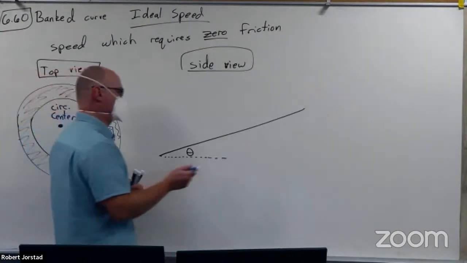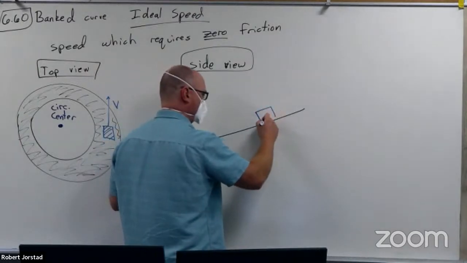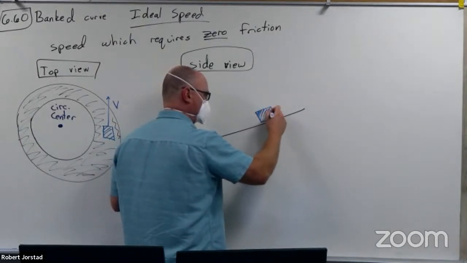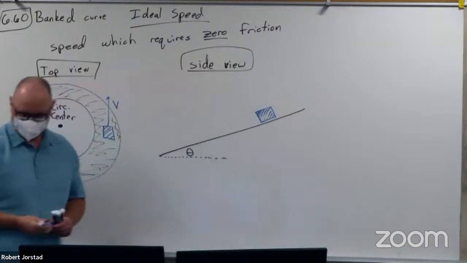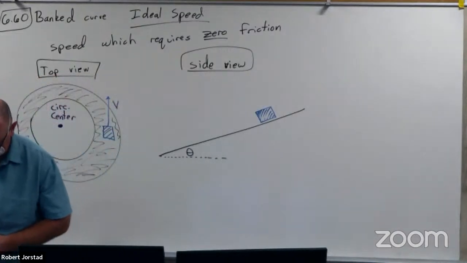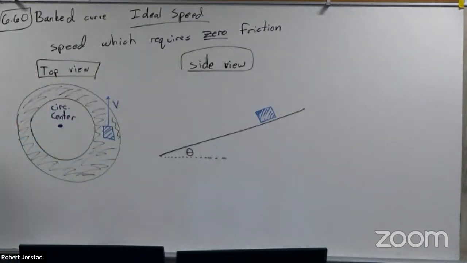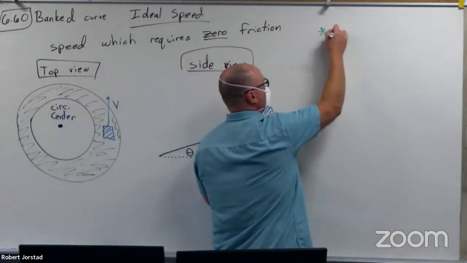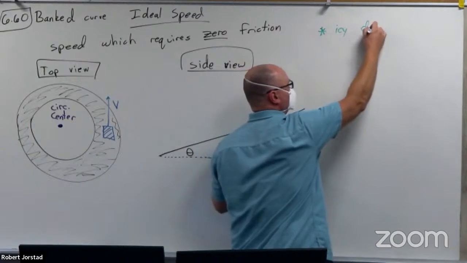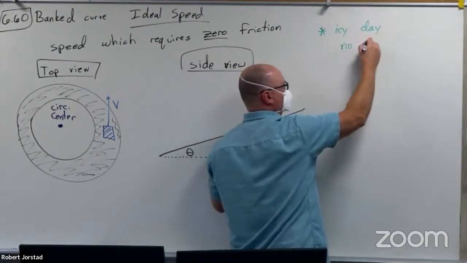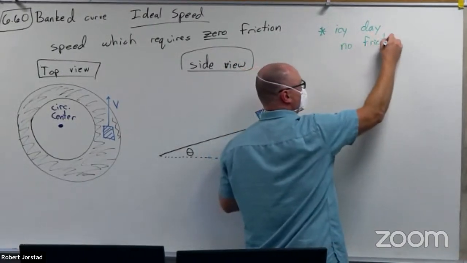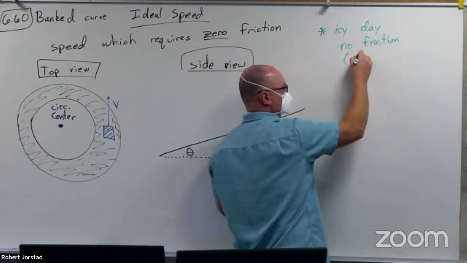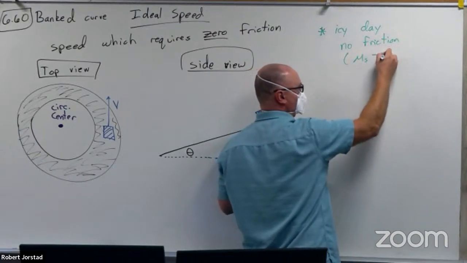Now I've got my car on here, like that. So we're going to make a big note about this: icy day, no friction. Said another way, we could say mu static is 0.